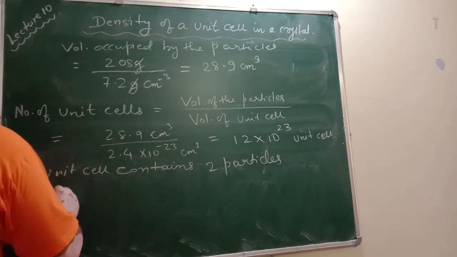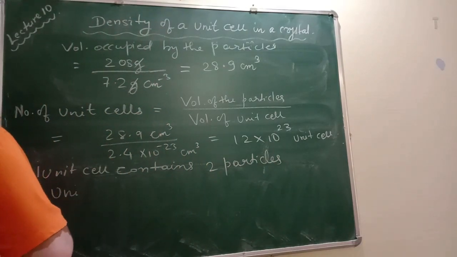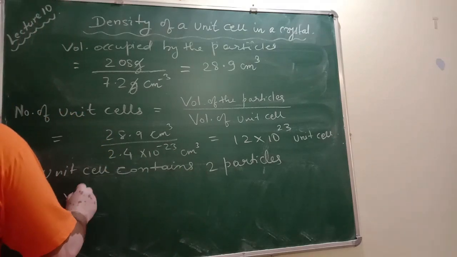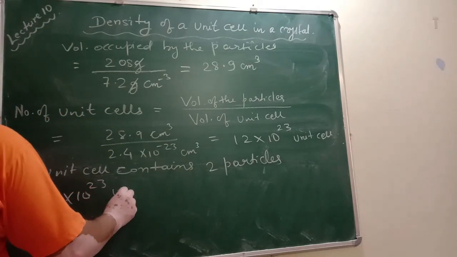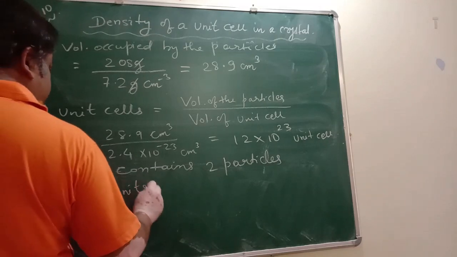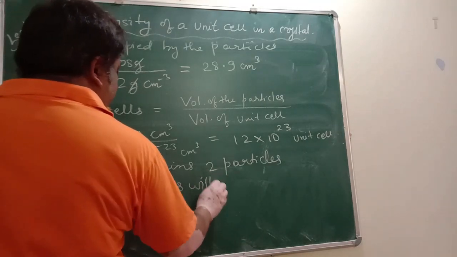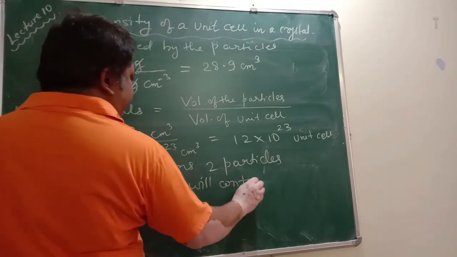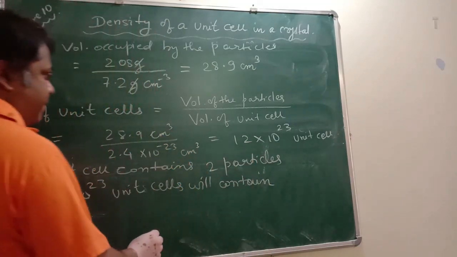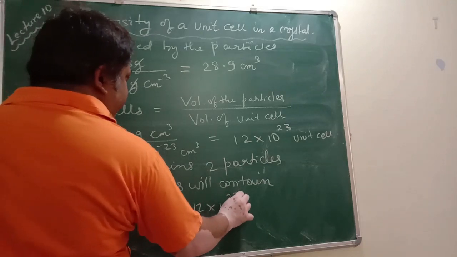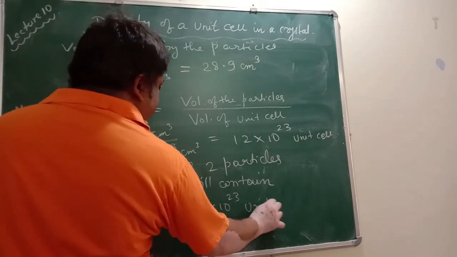So 12 into 10 to the power 23 unit cells will contain 2 into 12 into 10 to the power 23 particles.